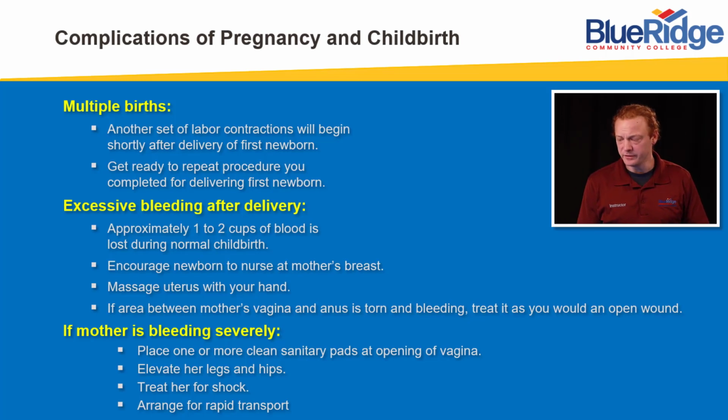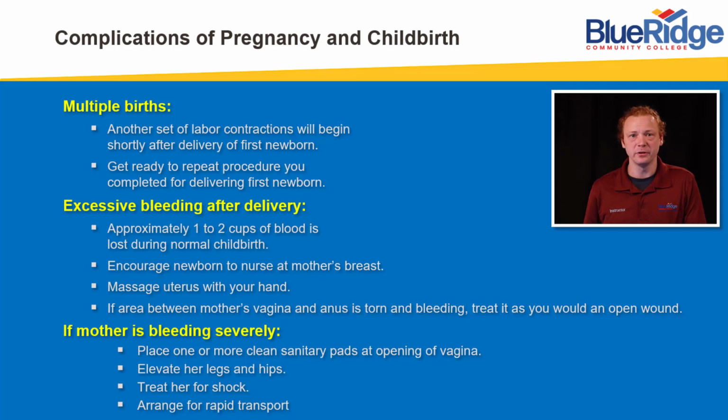In the event that there is excessive bleeding after delivery, always remember 1 to 2 cups of blood loss is pretty typical in a normal delivery. However, if the bleeding continues, you can encourage the newborn to nurse at the mother's breast. This helps stimulate the uterus to contract, which will help stop bleeding.